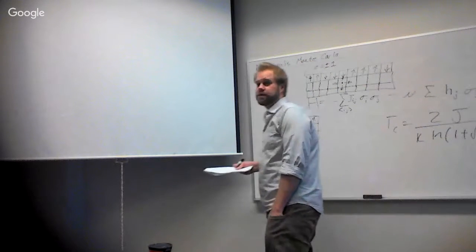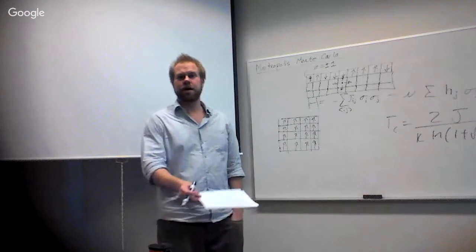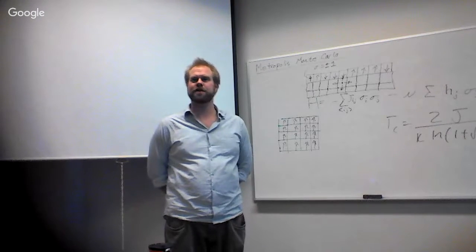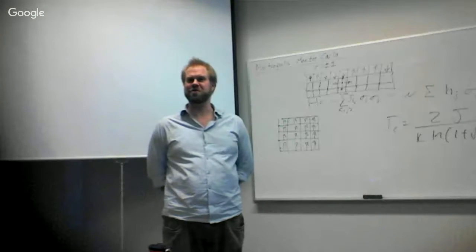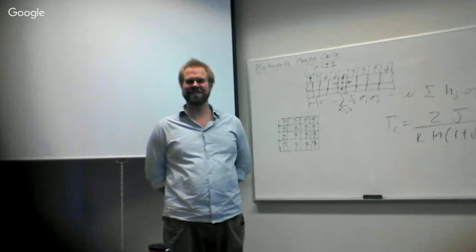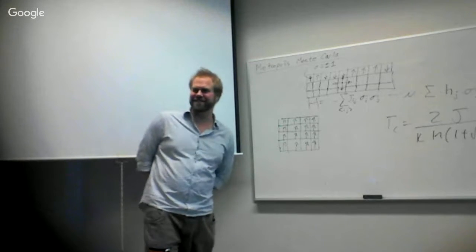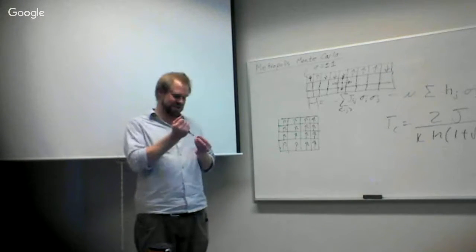So this famous result, a dude named Onsager, heard of Onsager? He showed up at a conference and just wrote down the derivation. Kind of like a Good Will Hunting moment. True story.